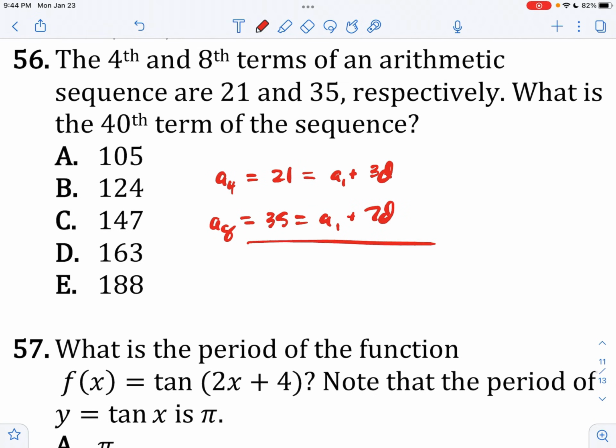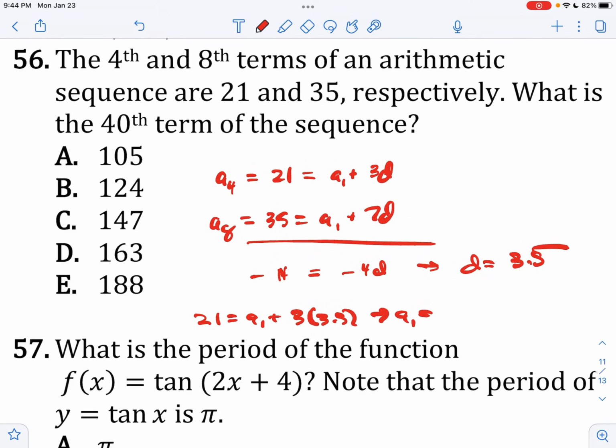If I subtract these, I get negative 14 is equal to negative 4D. The common difference is going to be 14 divided by 4, which is 3.5. Now if I plug that back in, 21 is equal to A1 plus 3 times 3.5. A1 is 21 minus 10.5, so I get 10.5.